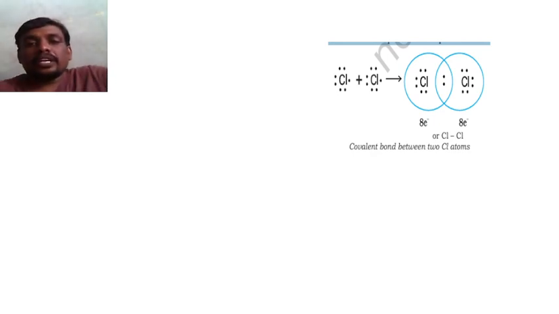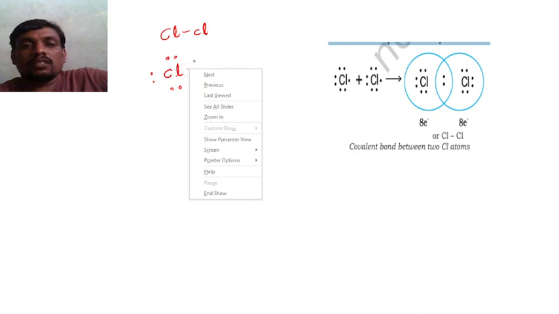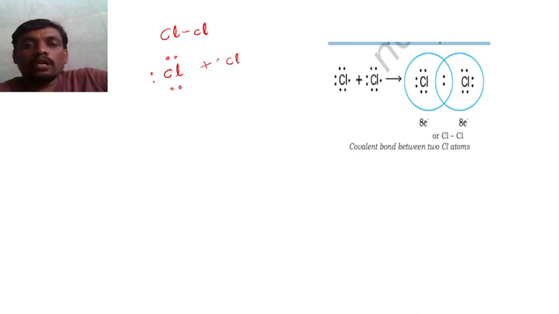Here we have taken the example of chlorine, Cl-Cl, and as you can see here, chlorine generally forms negative ions. The dots represent the number of electrons, and you can see the octet structure, plus one more chlorine, and you can see the number of electrons here.